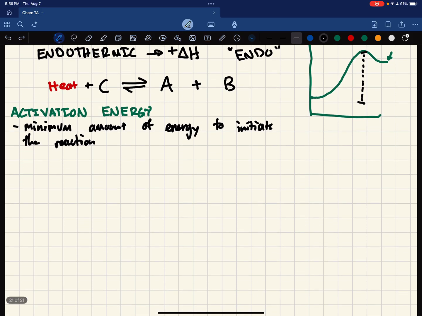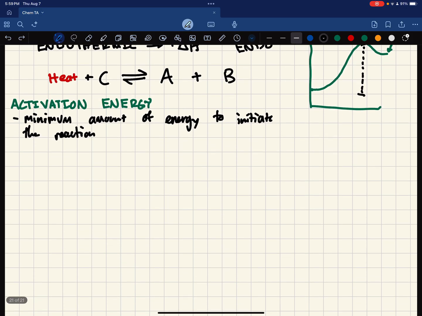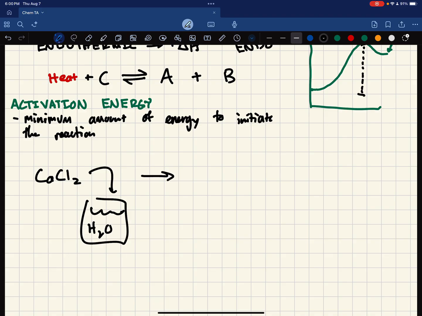Here's an example of an exothermic reaction. So if I take a molecule like this, CaCl2, this is a salt, and if I put it into water, okay, here's my water, usually, like we talked about with molecules like this, it dissociates into ions. So we're going to have Ca2+ and then 2 Cl- ions. These are going to dissociate and dissolve in the water, and they're going to start interacting with these water molecules.